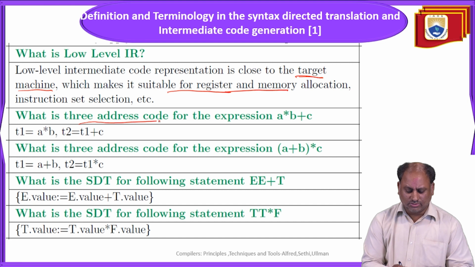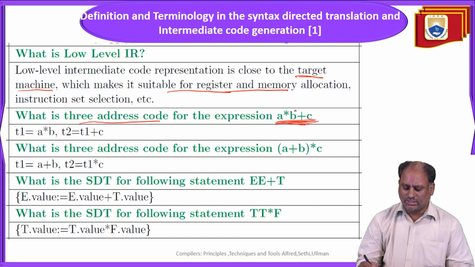What is the 3 address code that is used for the expression A star B plus C? Here the given assignment statement contains three operands and 2 operators, which is not a 3 address code.